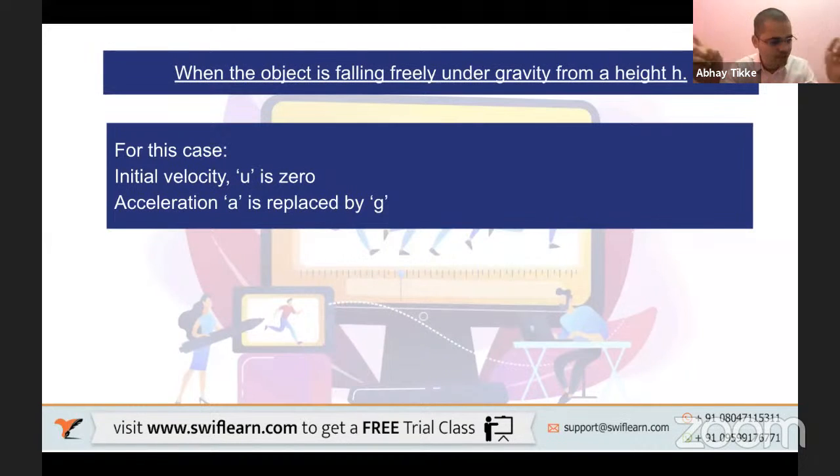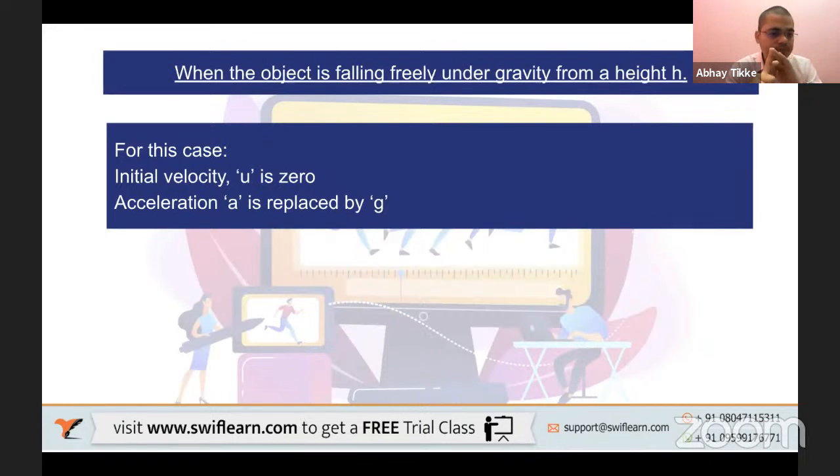Yes, first case when the object is at rest. उस समय हमने उसमें क्या डाला? हमने क्या जीरो डाला? बताइए जल्दी. Anybody would like to tell me on the chat? Yes. Initial velocity is 0.